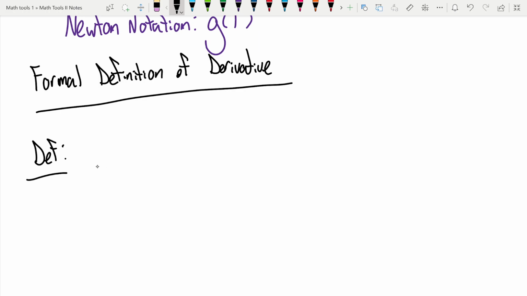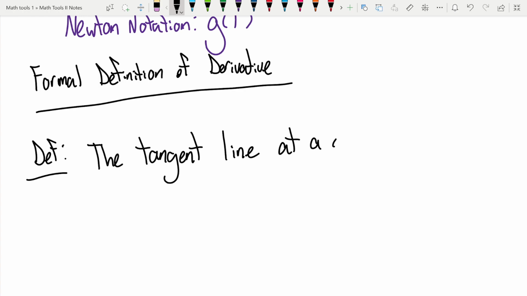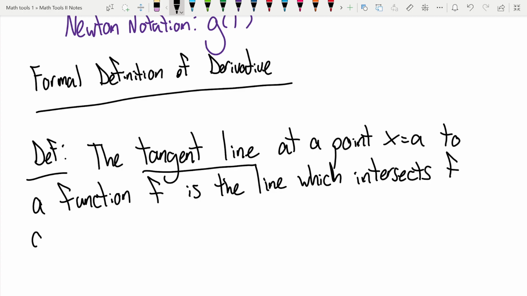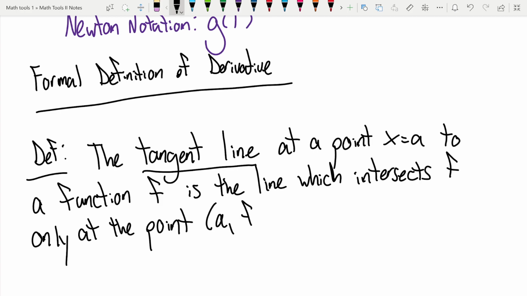First, the definition of the tangent line. Okay, so the tangent line at a point x equals a to a function f is the line which intersects f only at the point a, f of a.